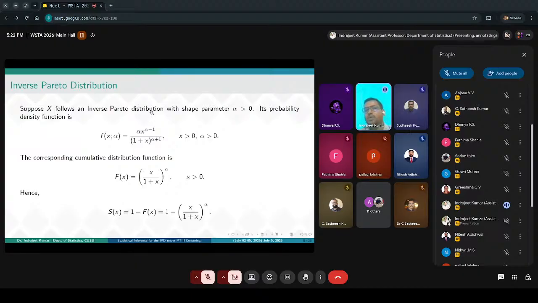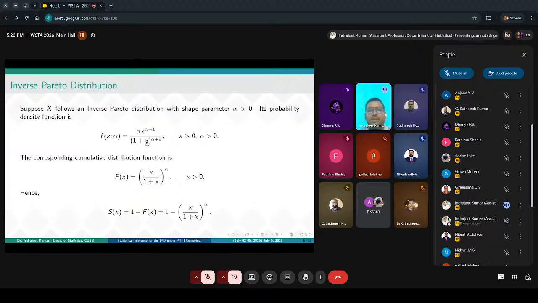If X does not follow inverse Pareto, it may follow something else, and then we have to choose that particular distribution. Here our objective is to consider X following the inverse Pareto distribution pattern.